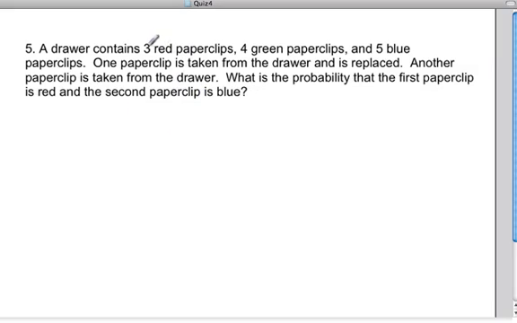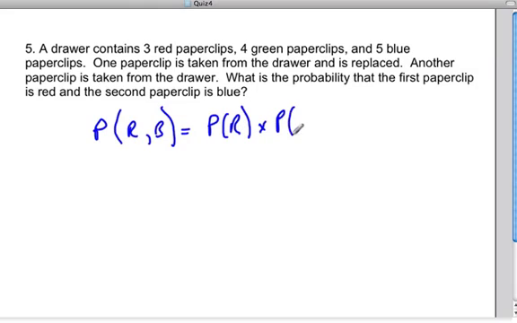Well, the probability of red, then blue, is going to be equal to the probability of red times the probability of blue. Because there is replacement, we're not going to consider that.